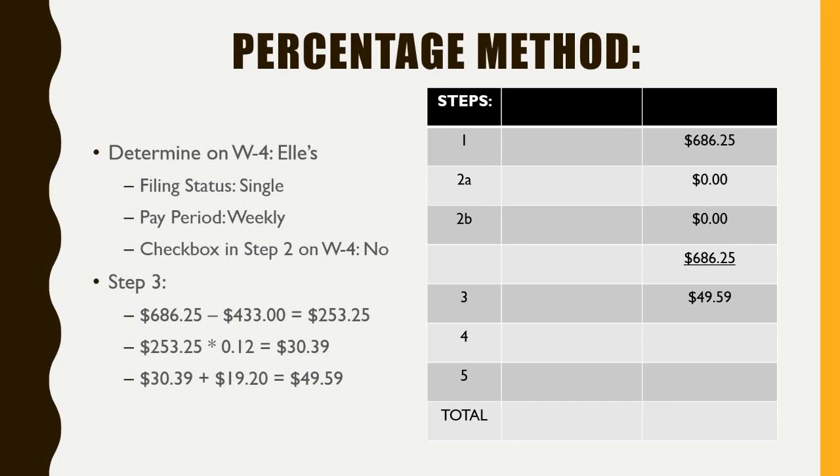Sometimes, depending on your income and your deductions, a child that you claim could be taken out before or after taxes, but usually it's taken out before taxes. In this case, it's required that it's after taxes. Okay.